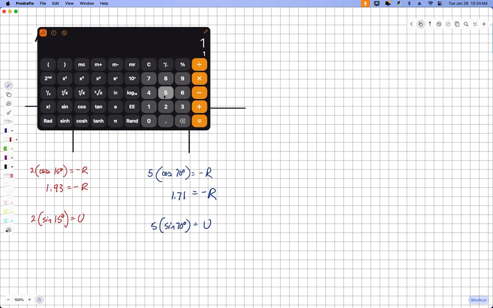Clear that. 15 sine times 2. 0.52 is u. And clear that. 70 sine times 5. 4.70 is u.